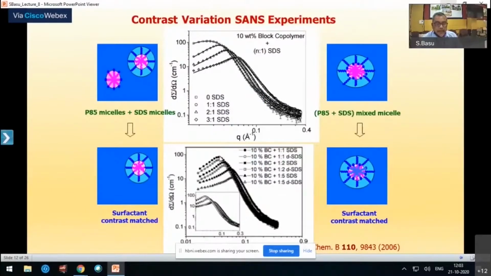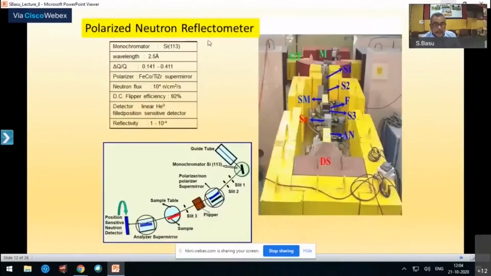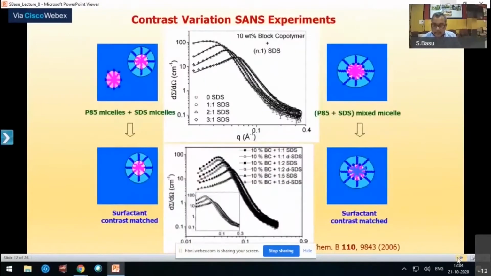One is that you can see the form factor fall in the lower Q region, which will give you the size, and there is a formula called Guinier approximation, which tells you the size, or rather radius of gyration, of the micelle. But you can see also there is a peak here.